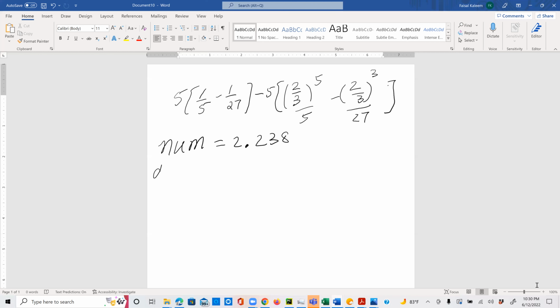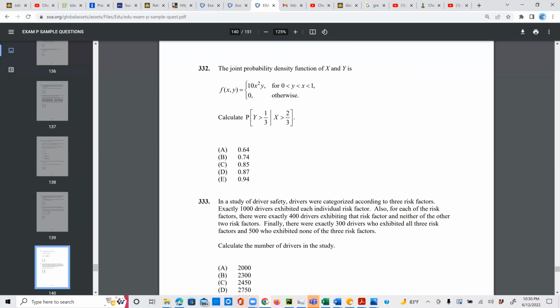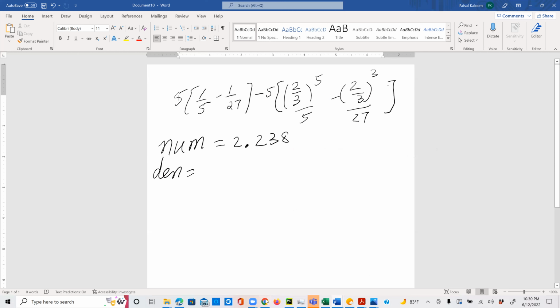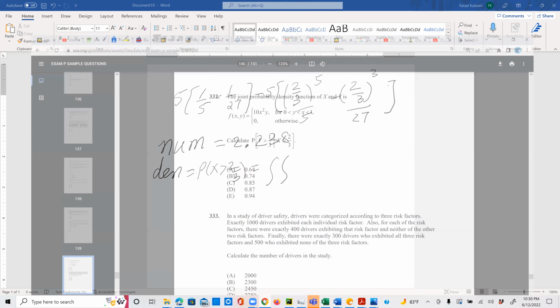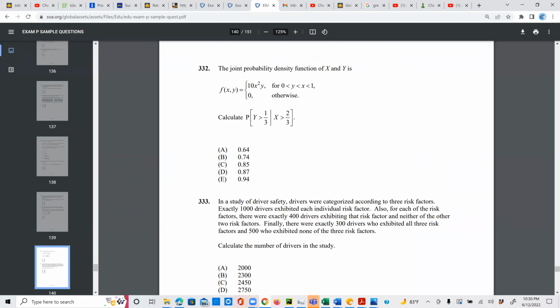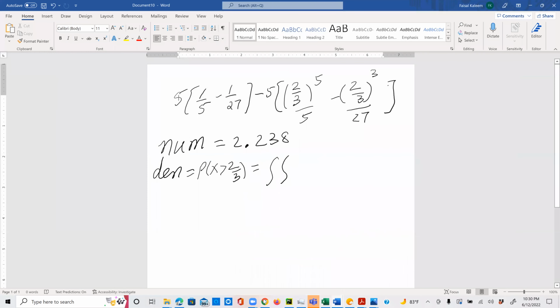And the denominator, if we remember, was probability x greater than 2/3. So what that means is that we integrate again the whole function, which was 10x squared y, dy dx.